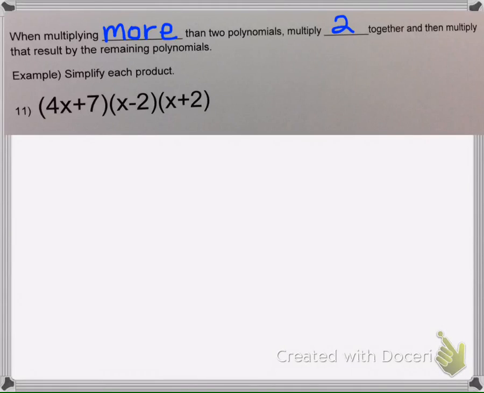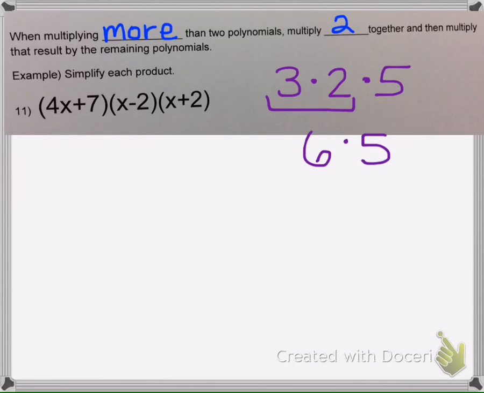Alright, this next example, we're just multiplying more than two polynomials together. It's just like if we were multiplying 3 times 2 times 5. We multiply two of them together, so 3 times 2 is 6, and then we multiply it to the third number, and we would get 30. So it's the same thing here.